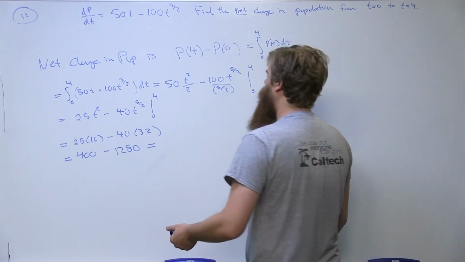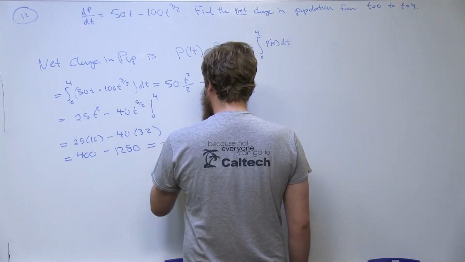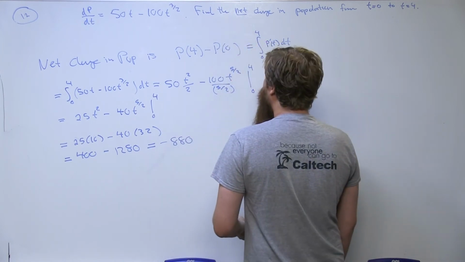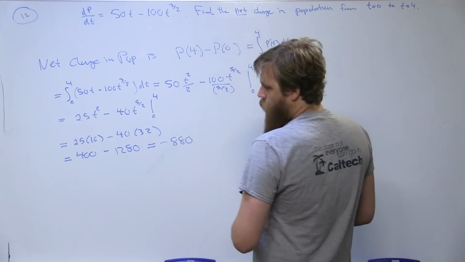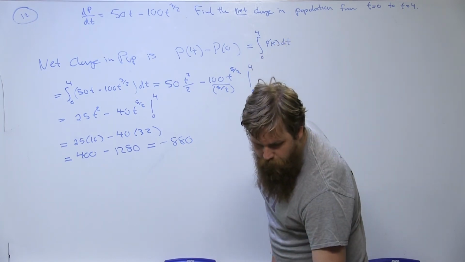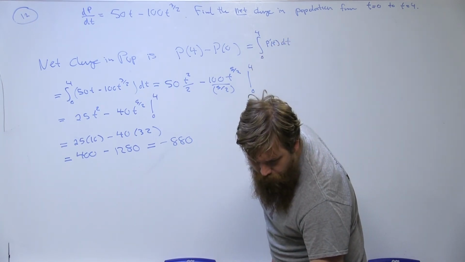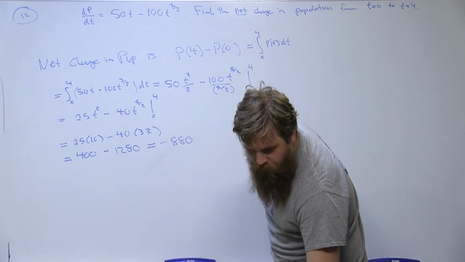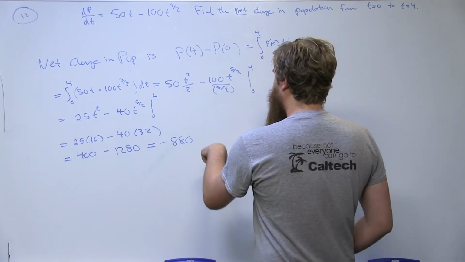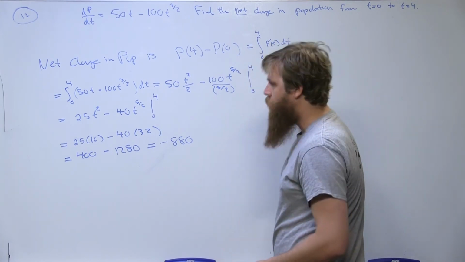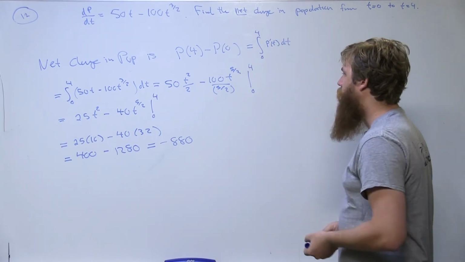And we get 880, of course, 880. So this is negative 880. So that's it, that's our net change. We might want to pay attention to our units. Did they tell us this population is being measured in any interesting units? Population in thousands, yeah, right? So this is actually a loss of 880,000 whatevers over that amount of time.